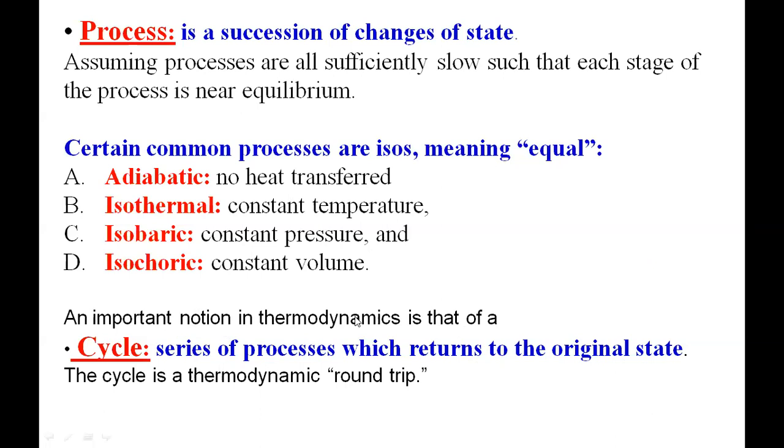So between the initial and final state, or the beginning, we have a series of processes which returns to the original state. The cycle in thermodynamics is a round trip.